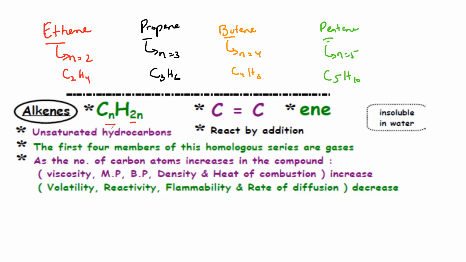These are unsaturated hydrocarbons. Remember, alkenes have another name. We call them unsaturated because they have a carbon-carbon double bond. And their reactions are addition reactions. What is the meaning of addition reaction? In an addition reaction, two or more reactants form only one product. That's why we call them addition reactions.